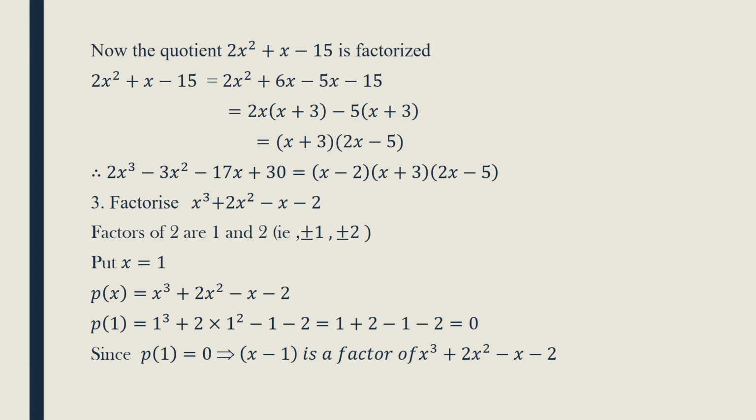Since p of 1 is equal to 0, x minus 1 is a factor of x cube plus 2x square minus x minus 2. For finding one factor of a cubic polynomial, we should always apply trial and error method to find the first factor.